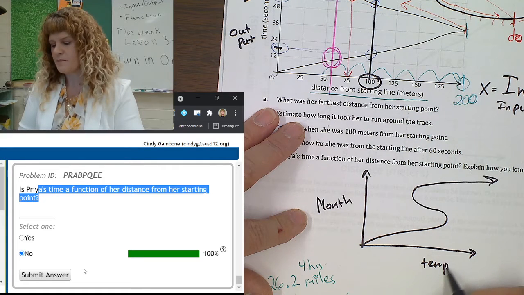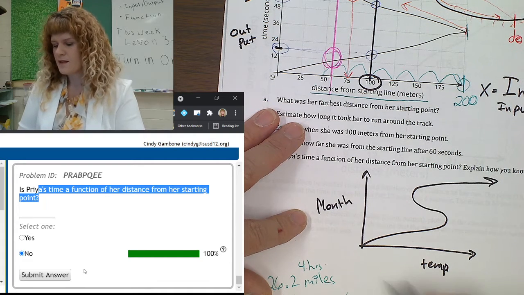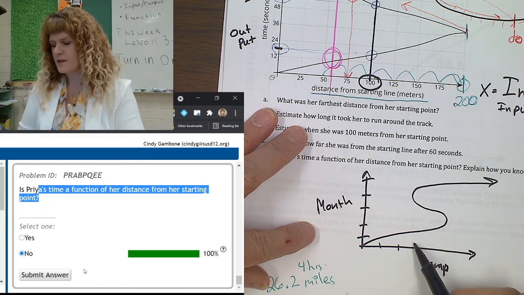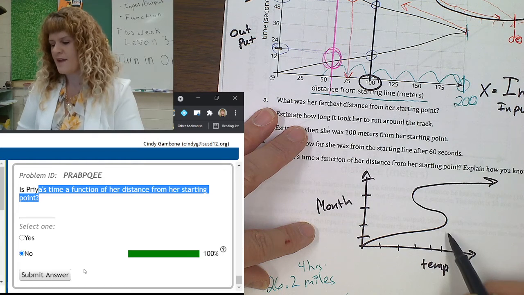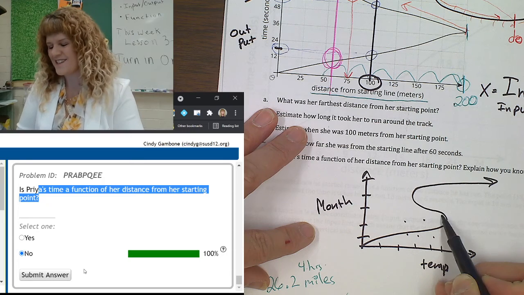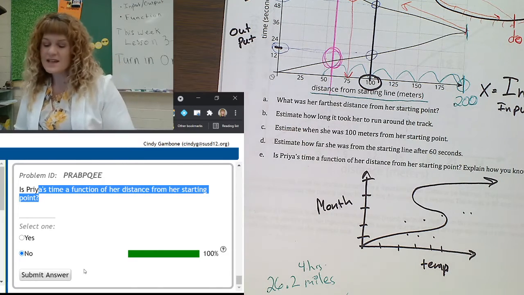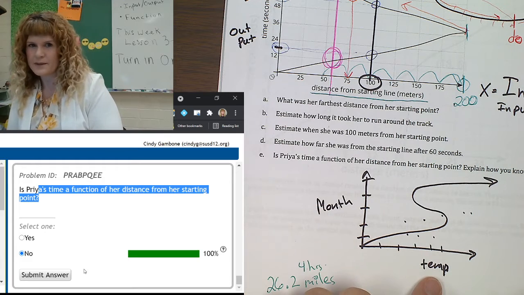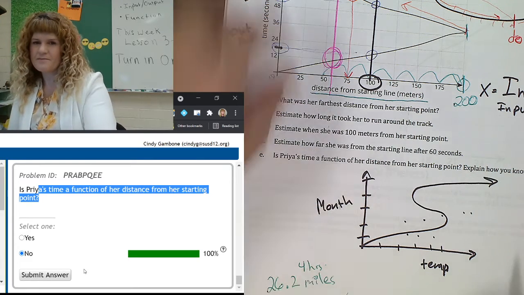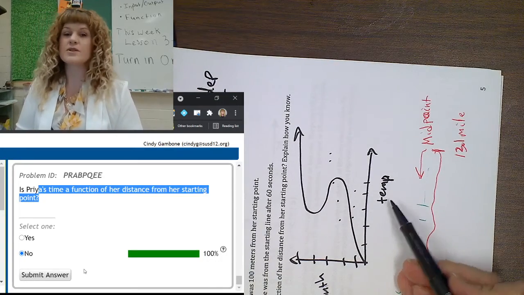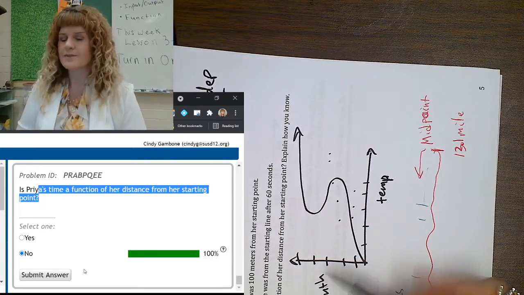You're reading the average temperature each month. Then as the month increases, the temperature is increasing, and then decreasing, and then increasing. So that means that the month does not depend on what temperature it is. But if you were to turn the graph this way, you could say the temperature depends on what month it is.